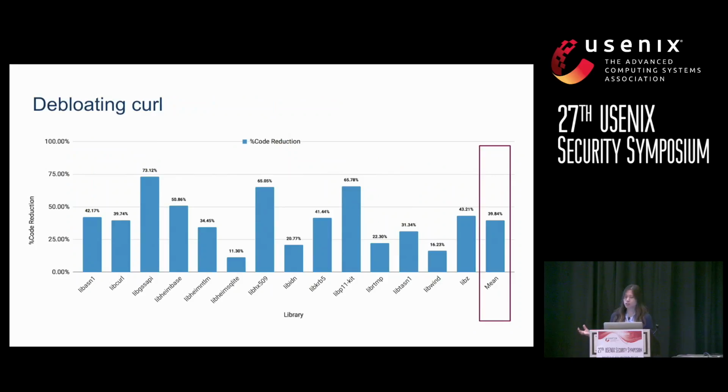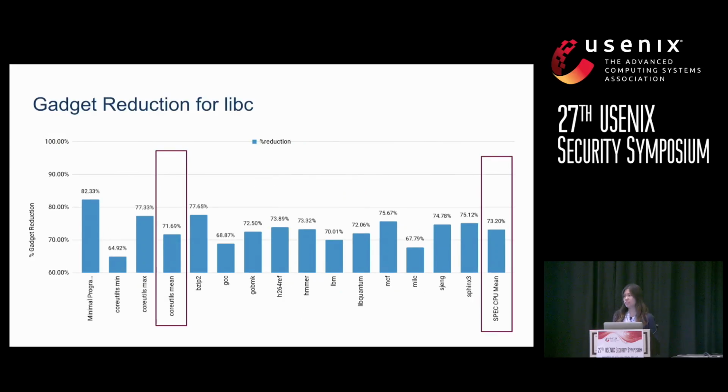Applying piecewise to a real-world program, specifically curl, on average, we were able to remove around 40% of the shared libraries code, all the shared libraries that curl uses. What about the security impacts of debloating? One observable security impact of debloating is gadget reduction for the shared library.